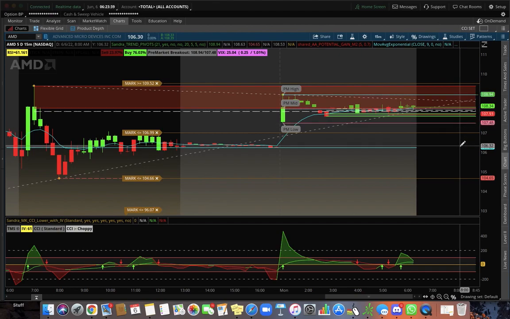Looks like we have something around 106.27. That's actually our volume profile high. So I'm thinking, I don't know, 107 seems pretty decent. So that's where I have my level here. If you wanted to wait to go a little lower, you could.